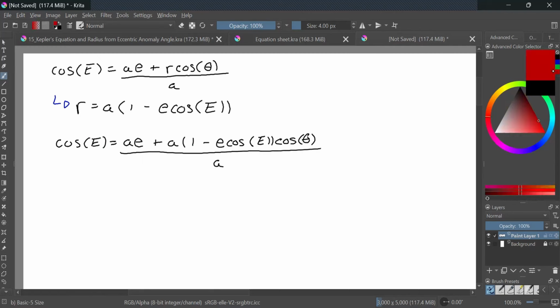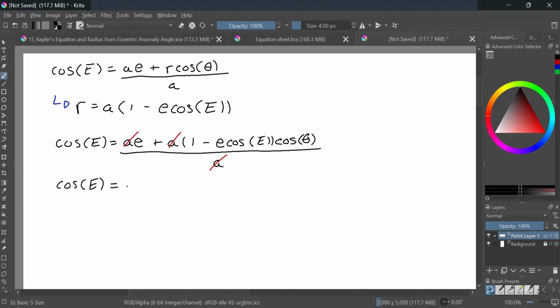And I'm going to mark these out in red. We don't need these semi-major axes anymore because they will cancel out with each other. So when we rewrite it, we can fit it all on one line now.